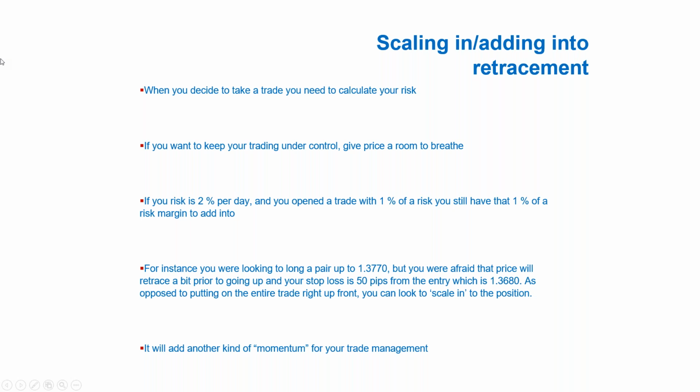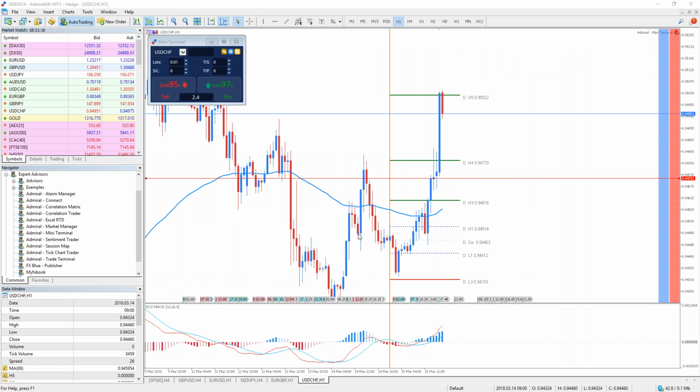Now, usually this is the case with all indicators, with most of the systems, guys. When you have a signal, the price will either immediately rush into positive territory, or it will drop into the zone further.